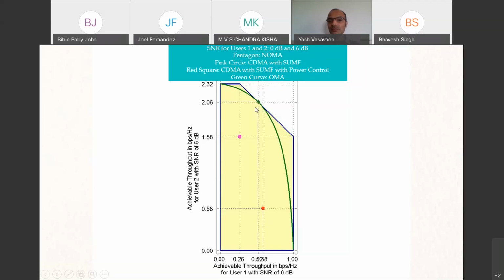One can do OMA, but then user 1 will get penalized. And so again, there are areas of this capacity diagram where NOMA is significantly better compared to CDMA, and even definitely better compared to OMA. And OMA can provide the optimal answer, but that optimal answer forces us to use a specific value of alpha.